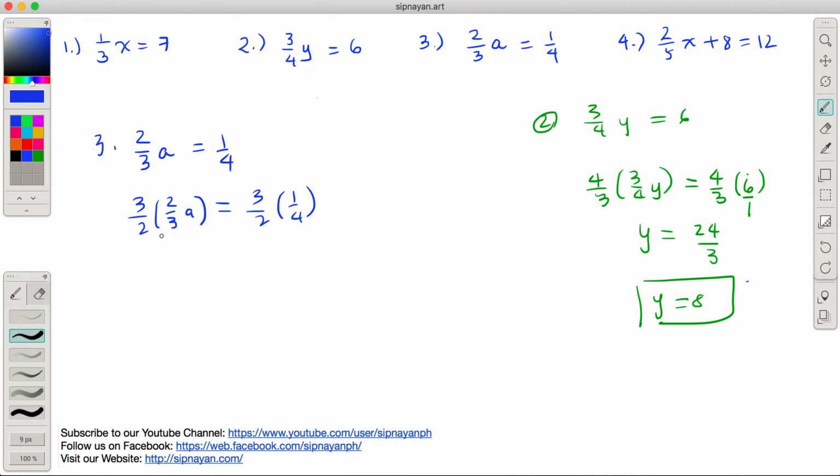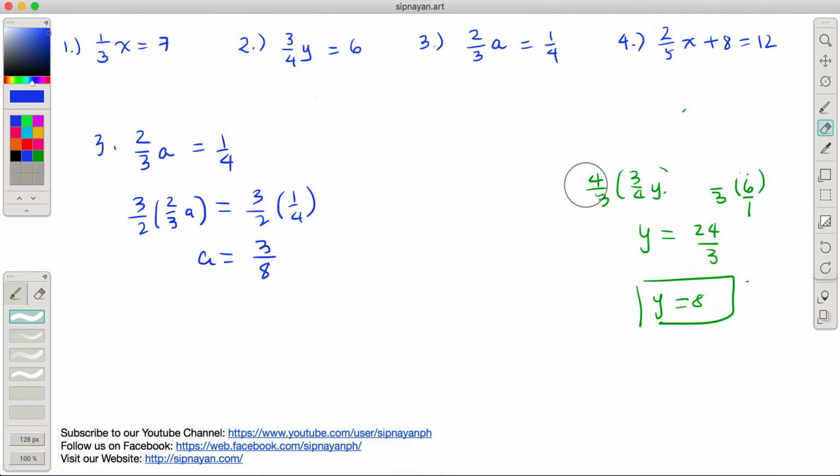So, these are reciprocal of each other, meaning 1 na yan. 1 times a is a. And then, this is multiplication of fraction. Multiply mo lang yung numerator. 3 times 1 is 3. And then you multiply the denominator. 2 times 4 is 8. Okay, so wala naman tayong ilo-lowest terms. Naka-lowest terms na siya.